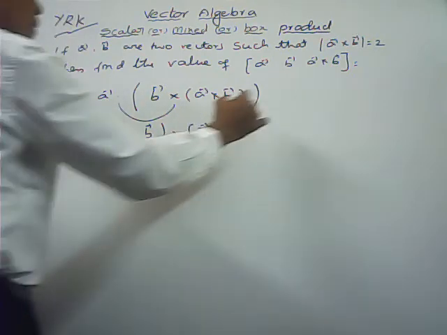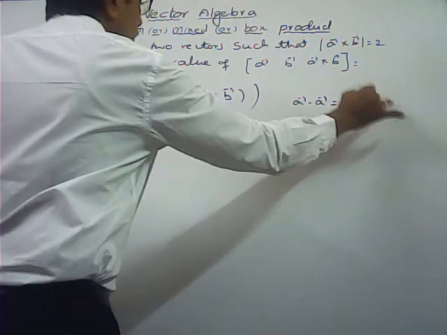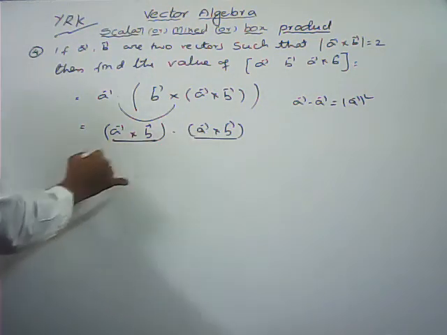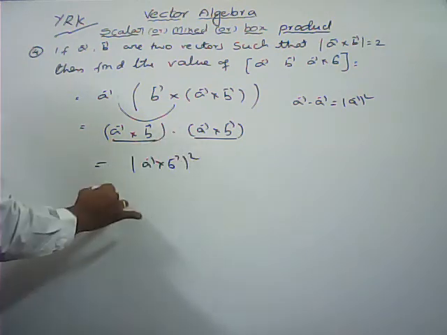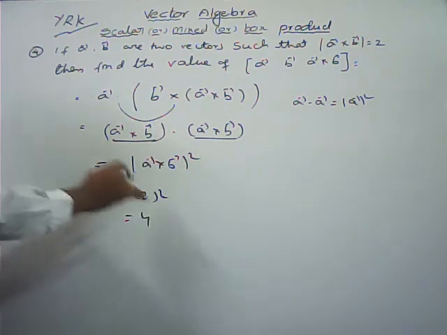Now A bar dot A bar is equal to modulus of A bar square. So this one you can consider, A bar dot A bar, that is modulus of A bar plus B bar square. Modulus of A bar plus B bar is given as 2, 2 square, that is equal to 4.